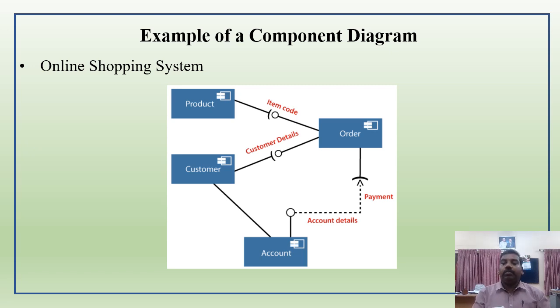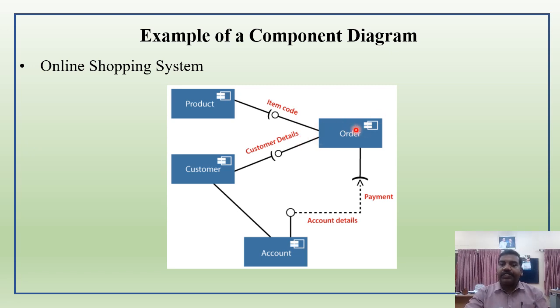Then through whom you're planning to buy: either you'll be ordering through Flipkart or Amazon or any other third-party service that is available. So you can see the connection. The customer will be entering the details, the name, the address, the bank details, and so on. In order to purchase that particular product, the customer will be giving the details of what he wants to order.